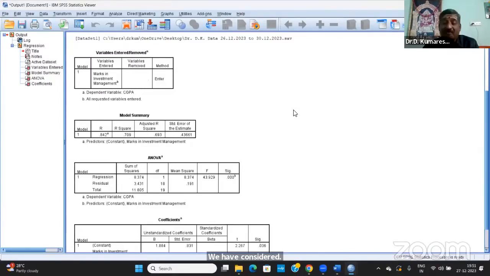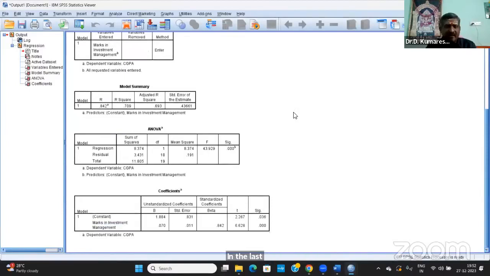So, enter method, all variables are entered. Correlation coefficient 84.2%, 0.842. R square is the coefficient of determination, 0.709. Then in the case of ANOVA, significance level is 0.000, so significant at 1%. In the last table, we find the constant value is 1.884.